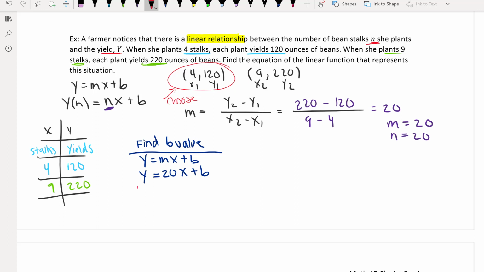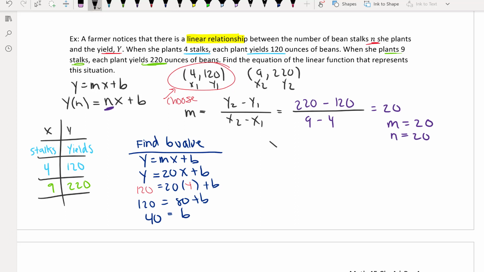So my y value is 120, and my x value here is going to be 4. So I'm going to have 120 is equal to 80 plus b. So 120 minus 80, and you can do that on a calculator, gives me 40 for my b value. So perfect, now I have all of my pieces of information.